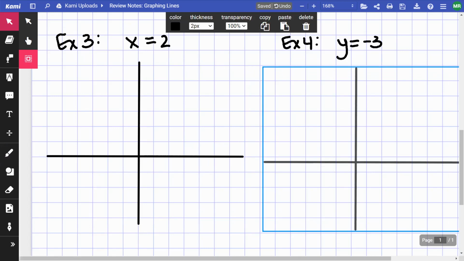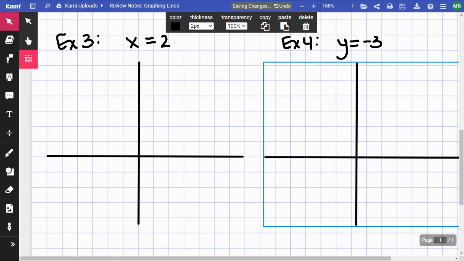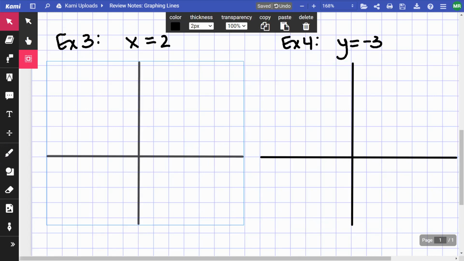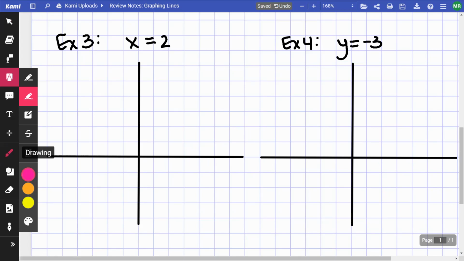get a second one here. What I need to pay attention to is the fact that I want to graph where x is 2. Now, x is 2 here at 2, 0, but x is 2 here at 2, 1, and 2, 2, and 2, 3, and 2, 4.